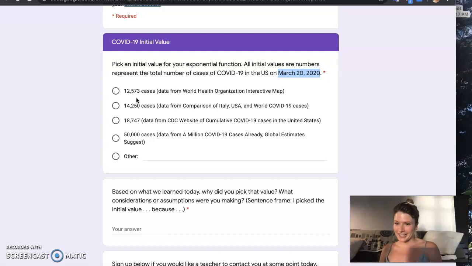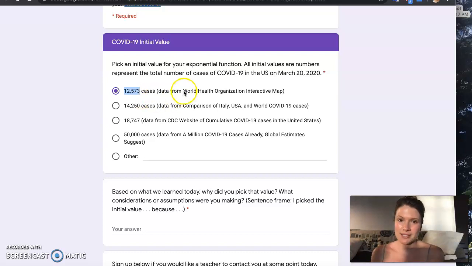If I'm trying to calm someone down and make them think the virus is not as severe, then I'm going to pick the smallest number, right? The smallest number of confirmed cases. The smallest number I currently see is 12,573 confirmed cases. That's still not a small number at all, but that's the current lowest estimate of confirmed COVID cases.